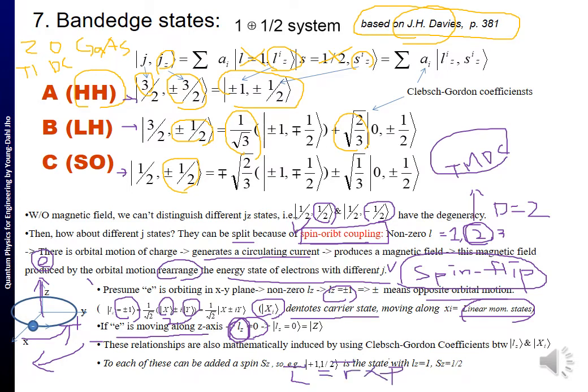So when there's a linear motion along the z-axis, p is along the z-axis. Then angular momentum should be perpendicular to that, so there is no LZ component. It means LZ is 0. So LZ is 0 means the electron is moving along the z-axis.